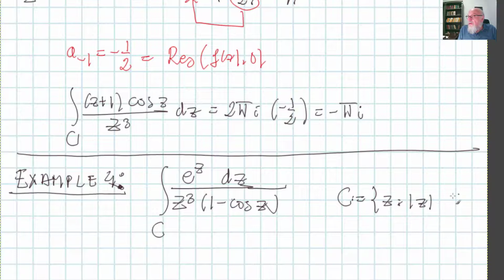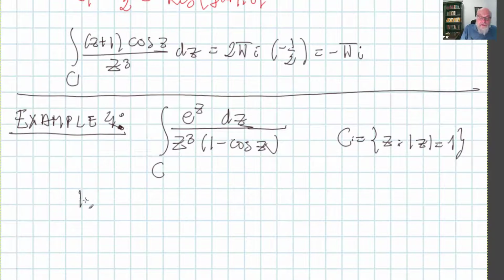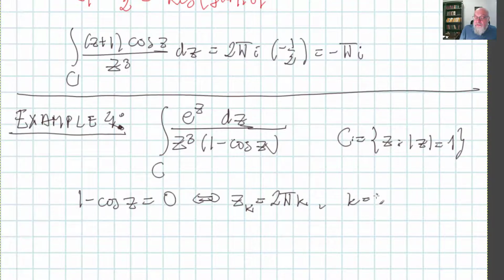Clearly, 1 minus cosine z is equal to 0 if and only if z_k is equal to 2 pi k, where k is equal to 0, plus minus 1, plus minus 2, so many.